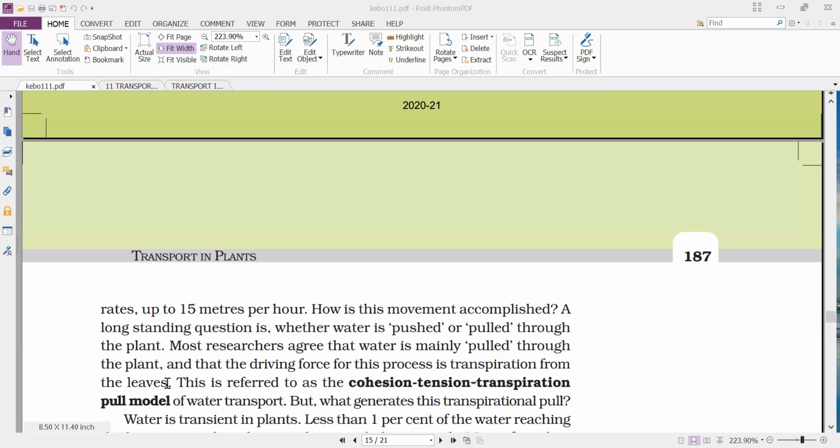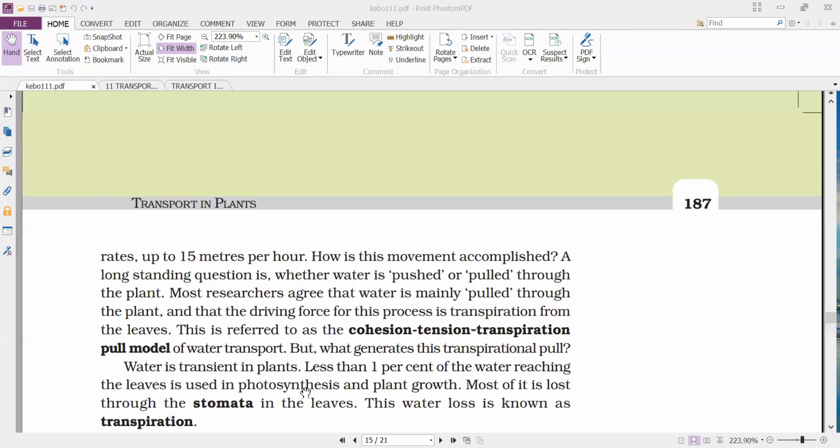This is referred to as the cohesion tension transpiration pull model of water transport.